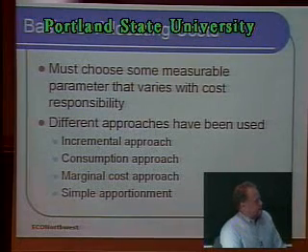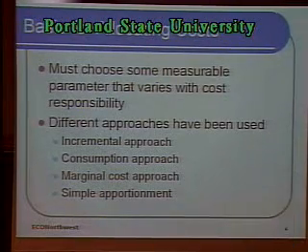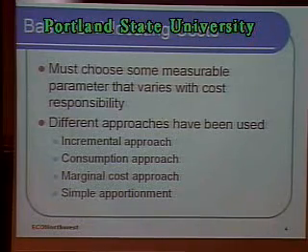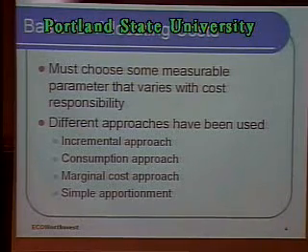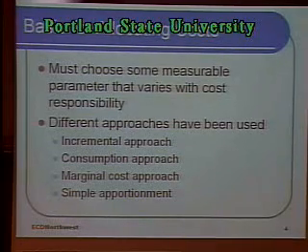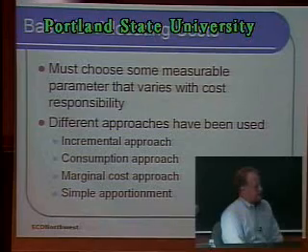So once you've decided what costs you're going to allocate, you need a basis for allocating them to user groups. You have to find some measurable parameter that varies with cost responsibility. And I'll go over some of those that are typically used. And at a higher level, there are different ways of thinking about assigning cost responsibility.